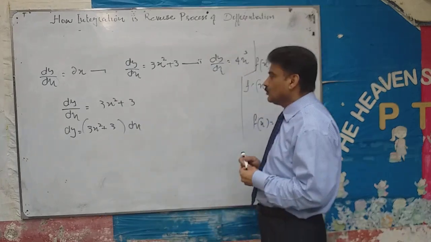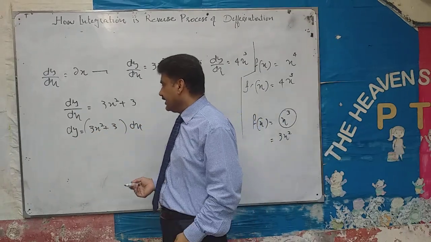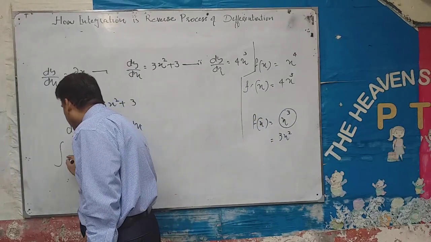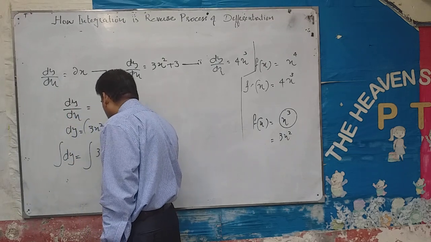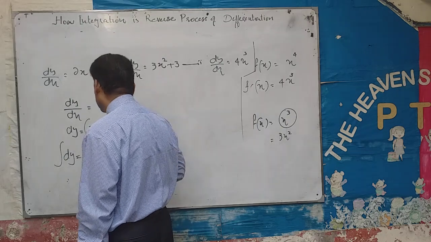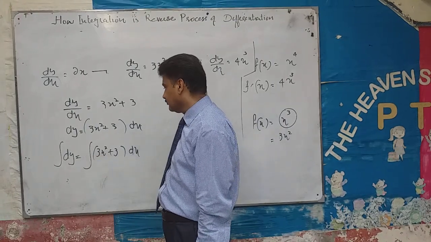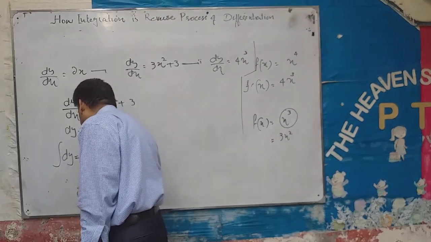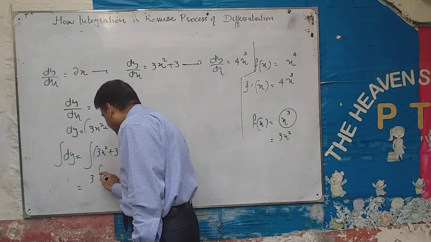After this, we integrate both sides with respect to their variables. We integrate this side with respect to y. Integral of dy is equal to integral of 3x square plus 3. This sign is used for integral or integration. We take 3 as a constant.